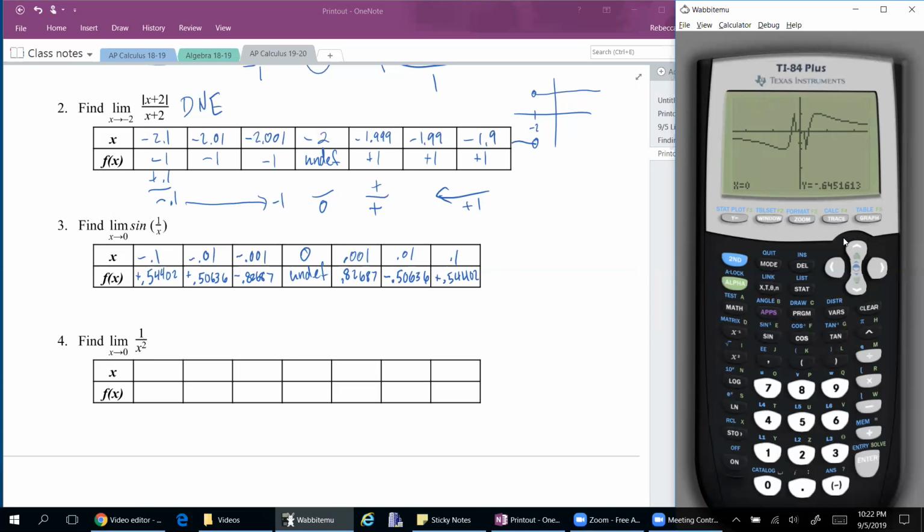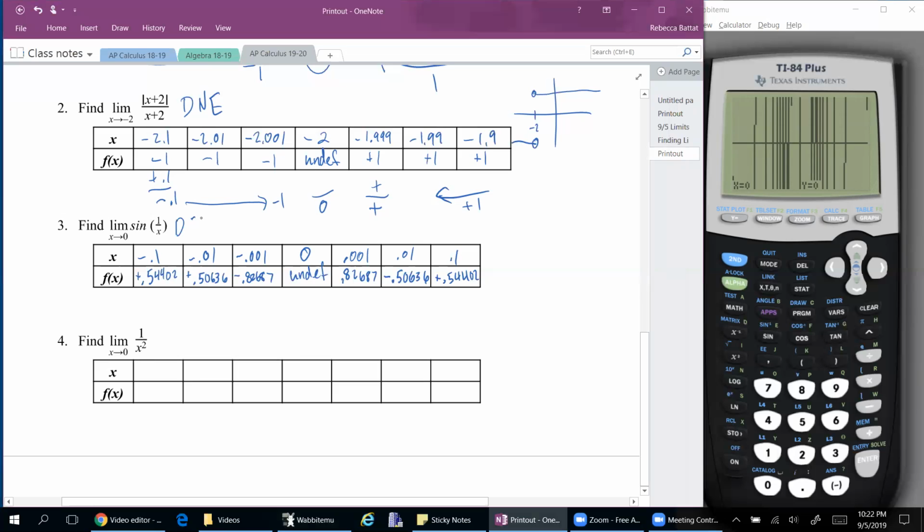But here, as we zoom in even more, right to the middle, it just keeps getting crazier and crazier. No matter how close we get, we'll see even more oscillations. So this one, the limit does not exist because it keeps oscillating.